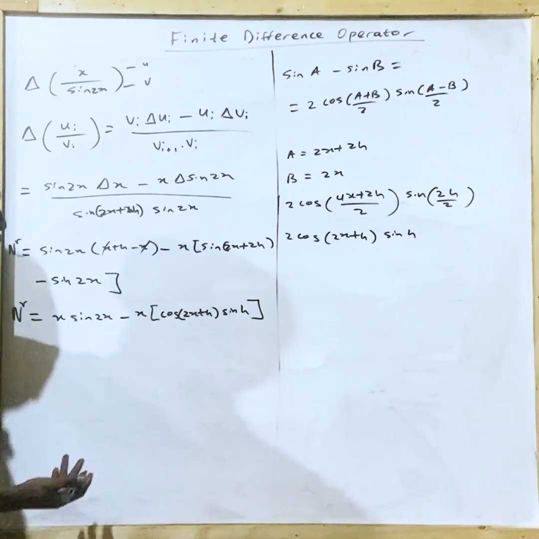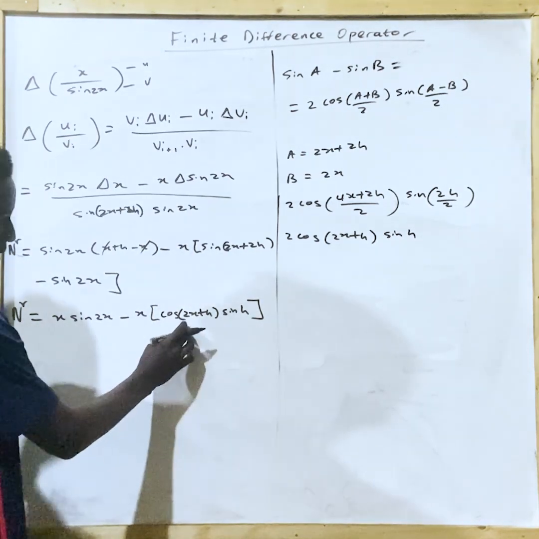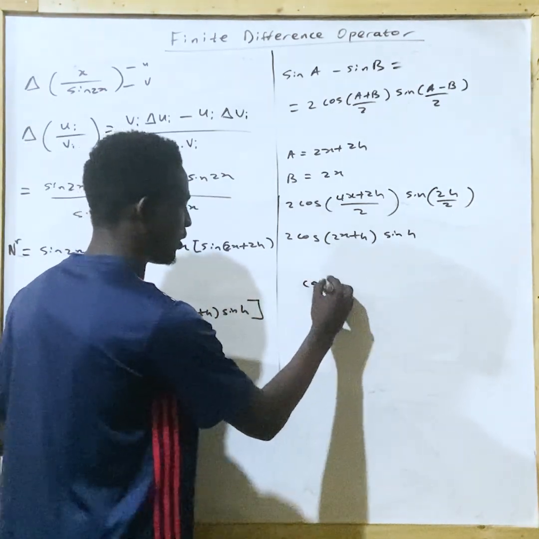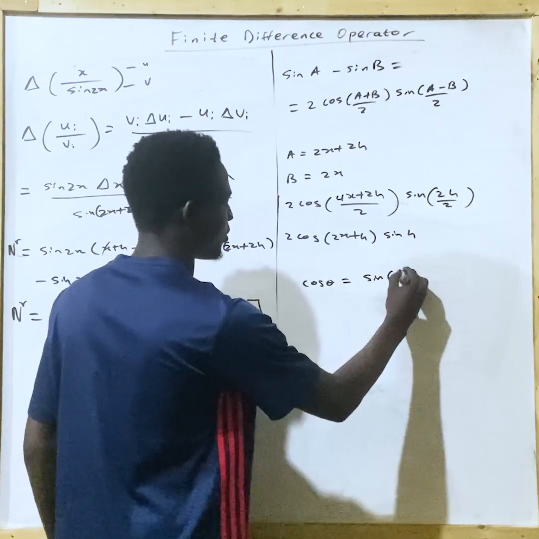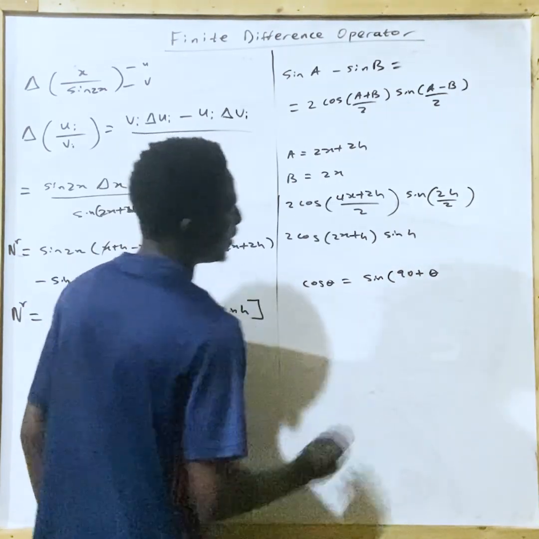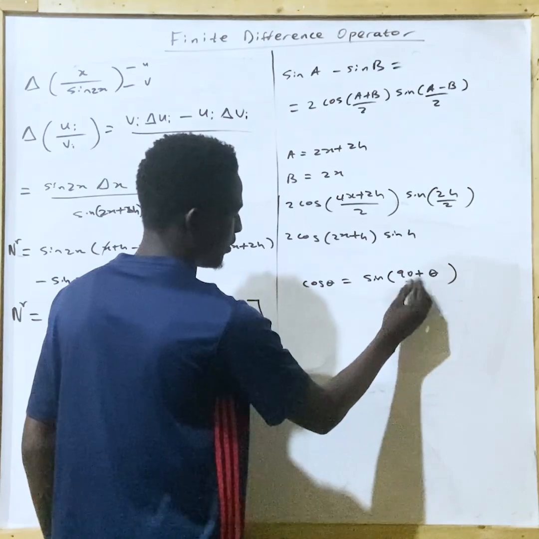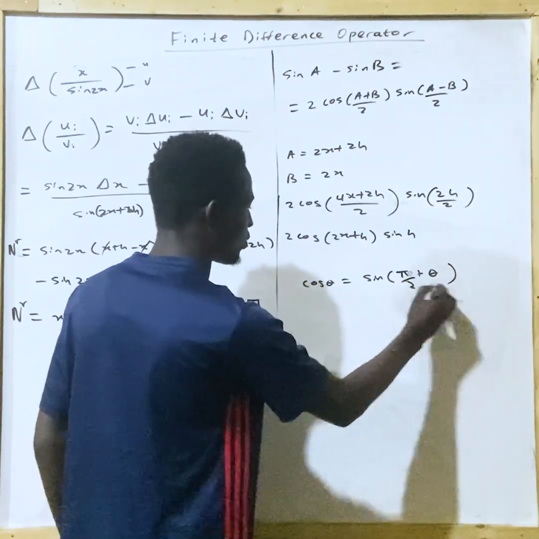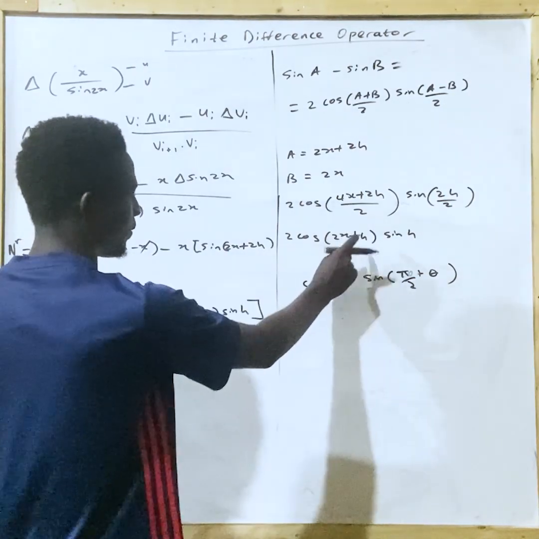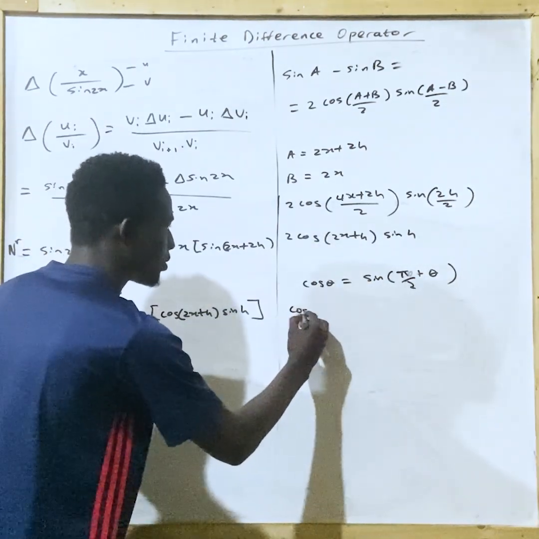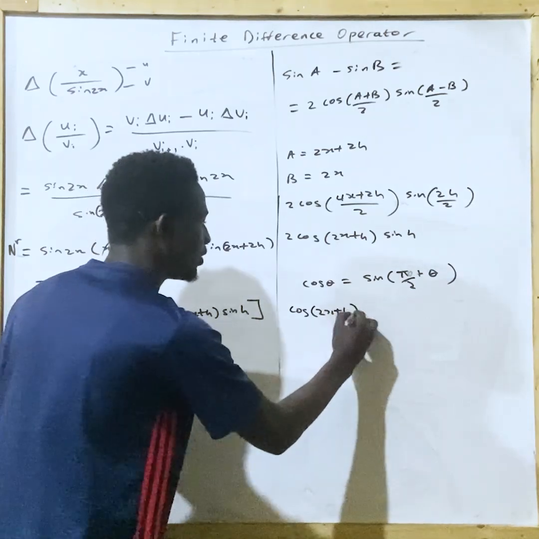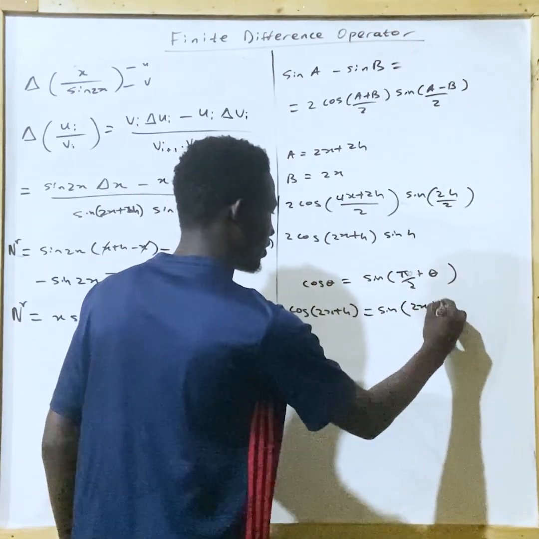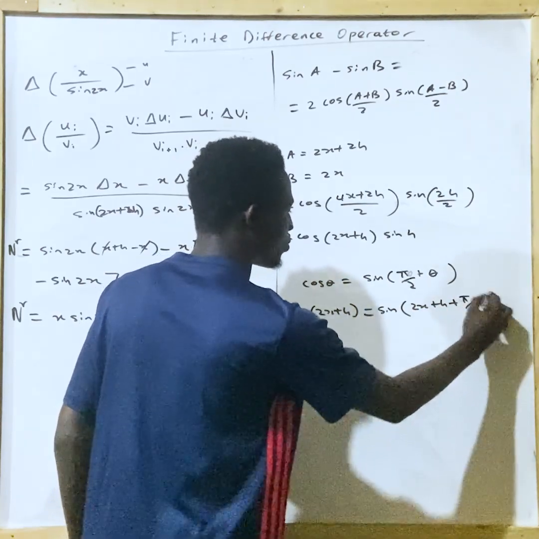If you go one further, you can convert this to sine, and one identity that would work for this is cos theta equals sine(90 plus theta). This 90, we express in radians, so this is pi over 2, where this is our theta. So it means cos(2x plus h) will become sine(2x plus h plus pi over 2).